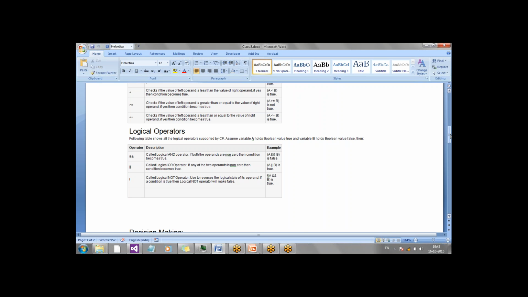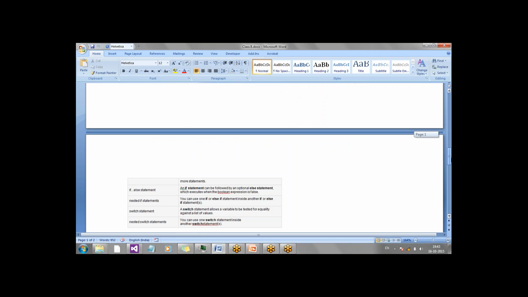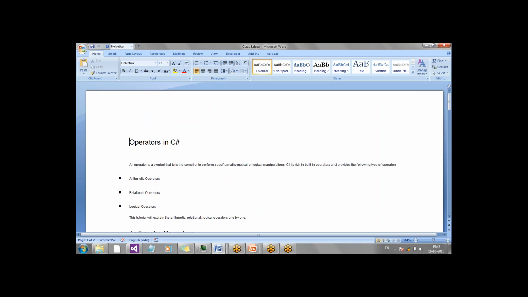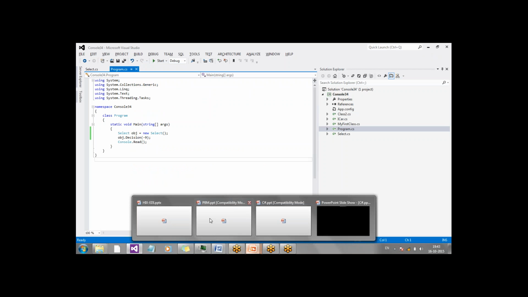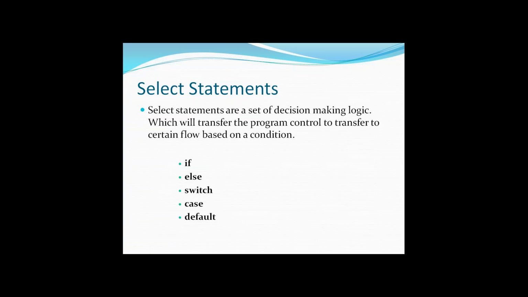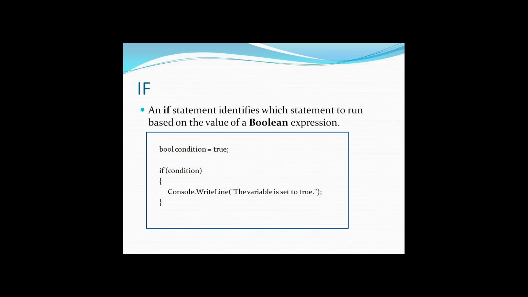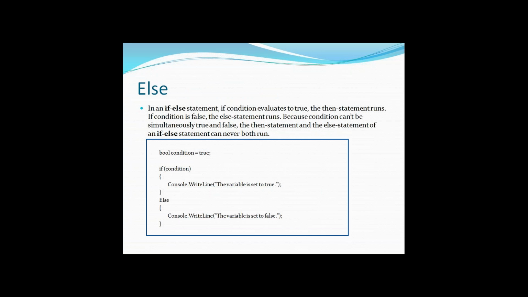Good. So that is about your operators. We have already looked at the decision making statements. Today we have understood the select statements or decision making statements, where we understood if, else, else if, and switch, case, default, and break statements.